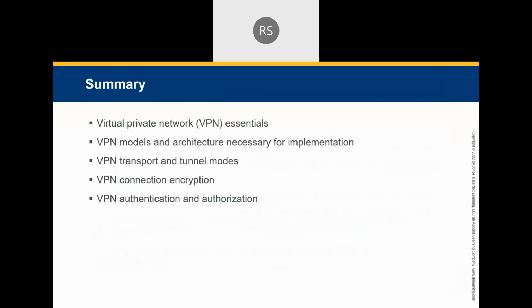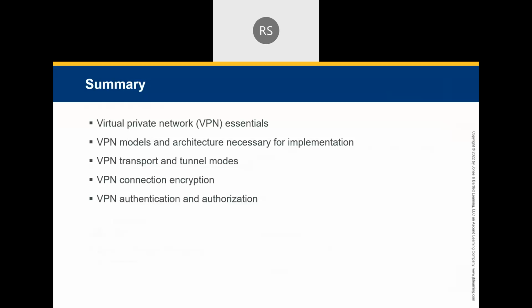We discussed transport and tunnel modes, and how they're used to secure communications and create a secure pathway. We've also talked about VPN connection encryption and how it plays a pivotal role in ensuring secure data transmission.